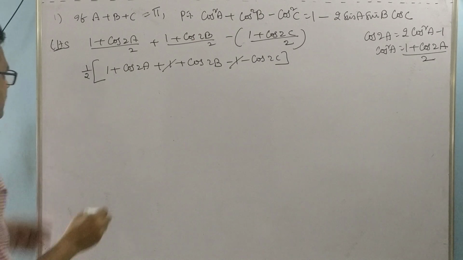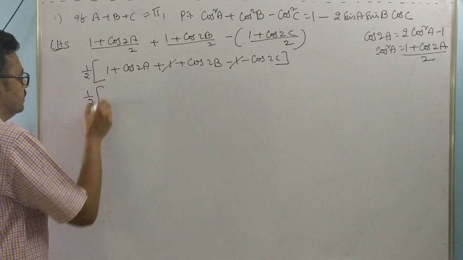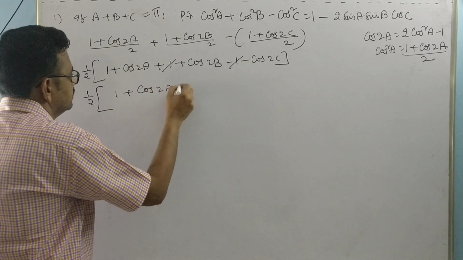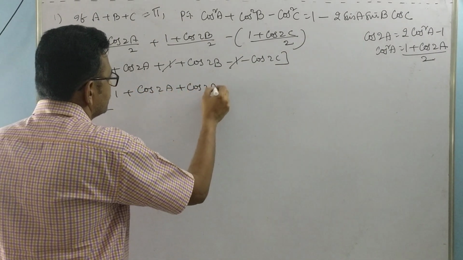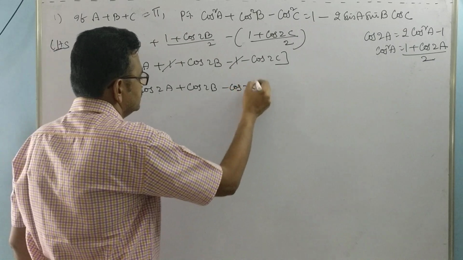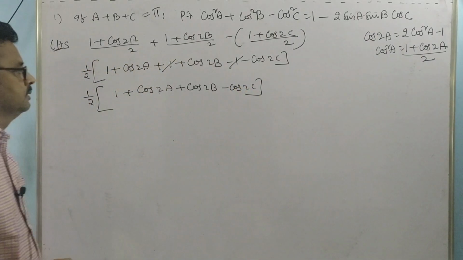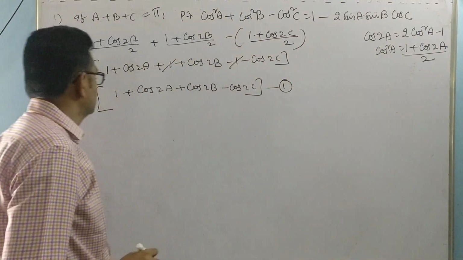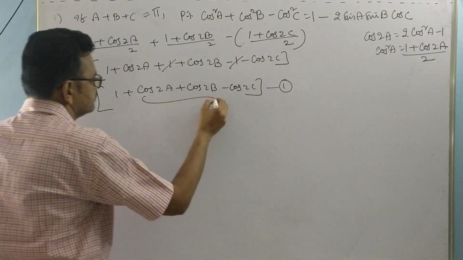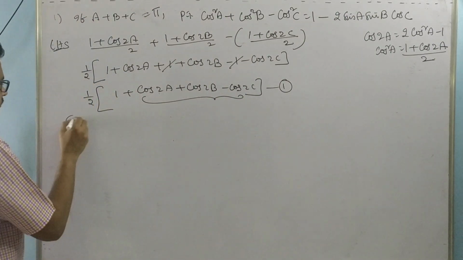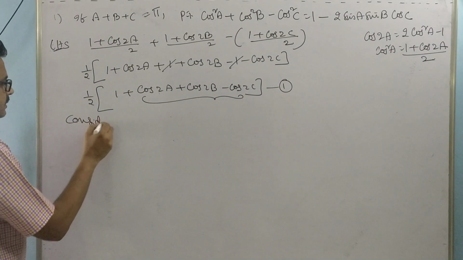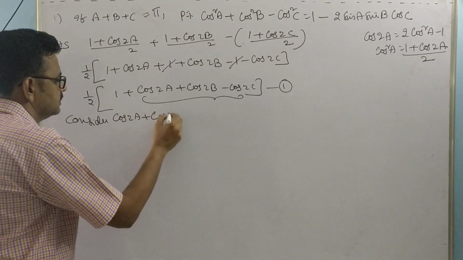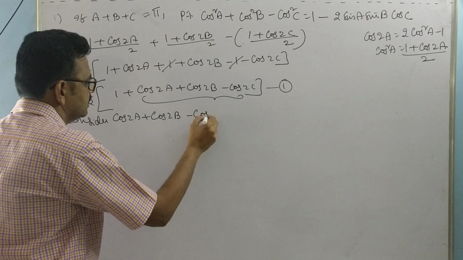So this is equal to 1 by 2 of 1 plus cos 2A plus cos 2B minus cos 2C. Again same as the previous sum, let it be 1. Now we have to consider only this part: cos 2A plus cos 2B minus cos 2C.